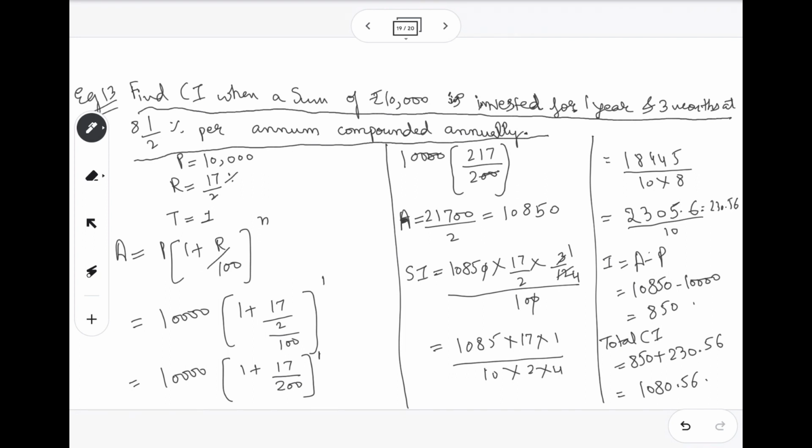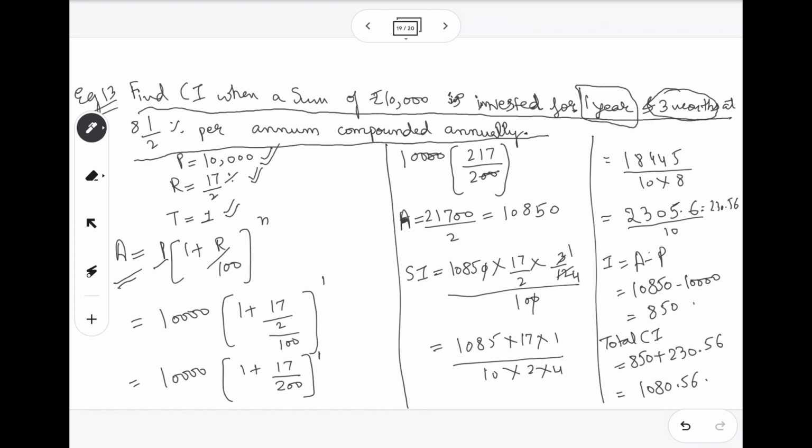So we will solve for the 1 year using the compound interest and left out 3 months using the simple interest. So principal is 10,000, rate is given as 17 by 2% and time period here we are taking as first 1 year and after that we will calculate for 3 months.